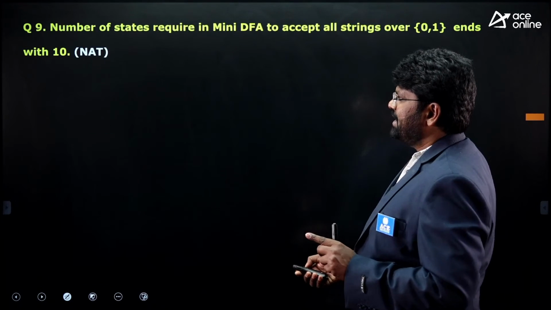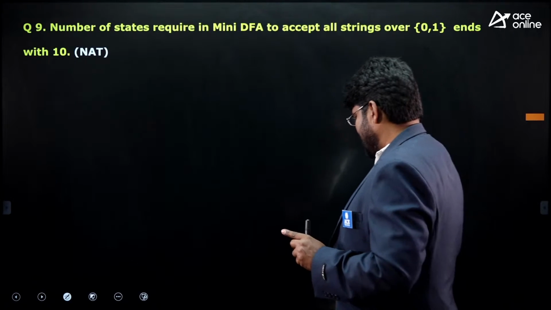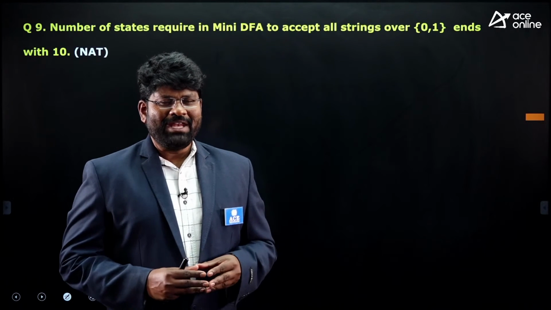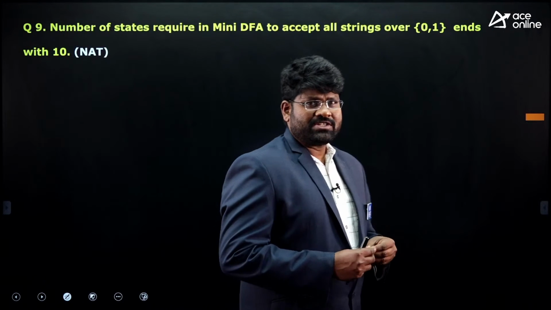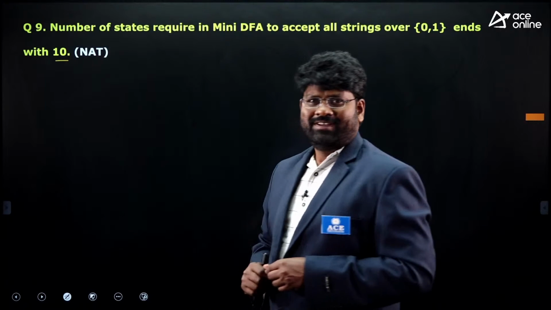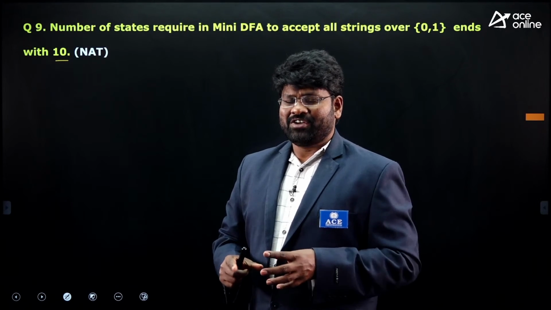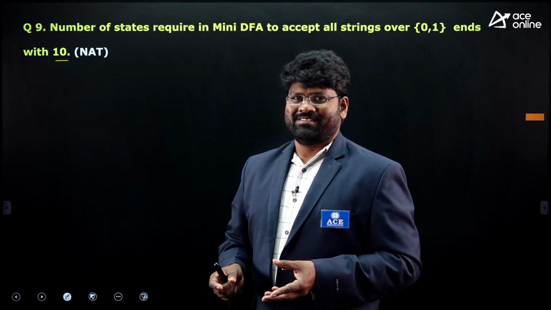This is a most frequently asked model, numerical answer type. As I said, determine the minimum states of a DFA to accept all the strings ending with 10. For these standard questions, you will always have fixed answers.